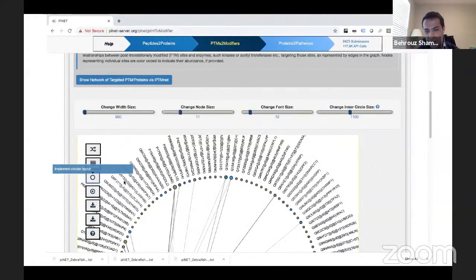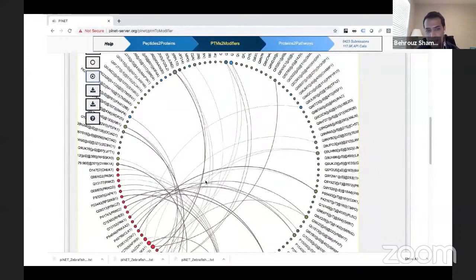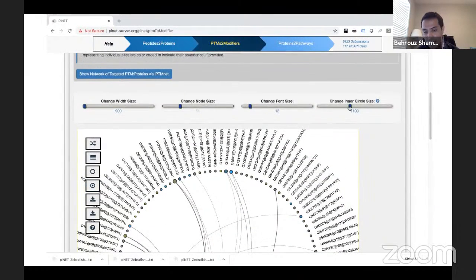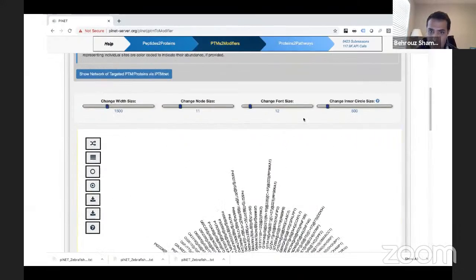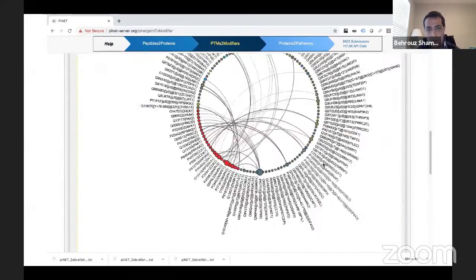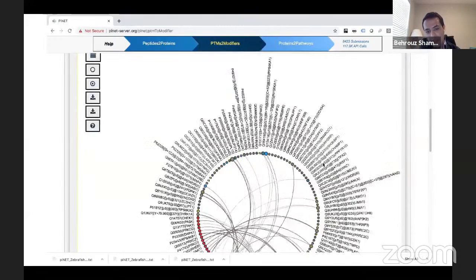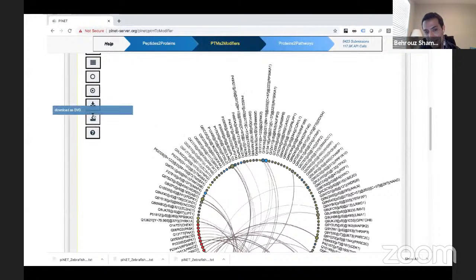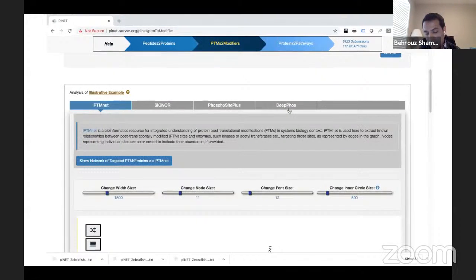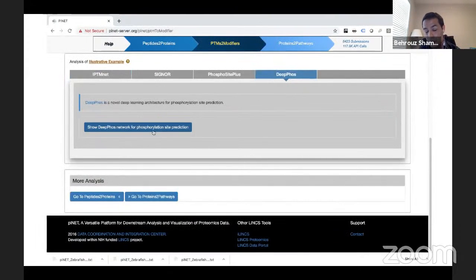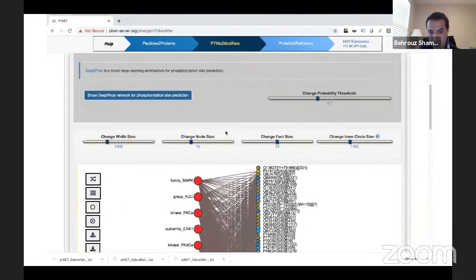It can be viewed differently. Everything is dynamic here in these figures, which can be adjusted with those bars on the top. So what it shows here is a kinase that specifically phosphorylates one peptide, one protein, at a specific site.